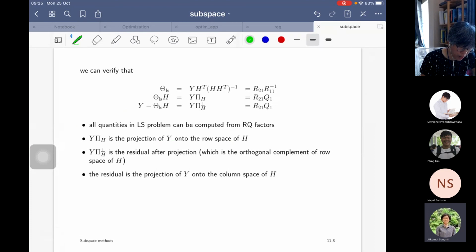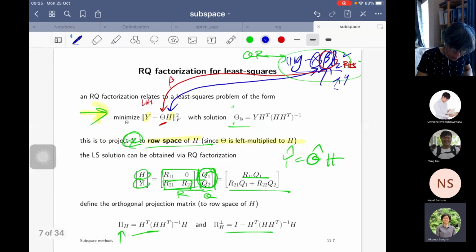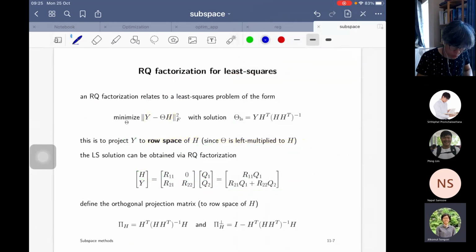We can verify that theta least square, your estimate, which is given by this, can actually be obtained from the RQ factors like this. I'm going to show you maybe just one result.